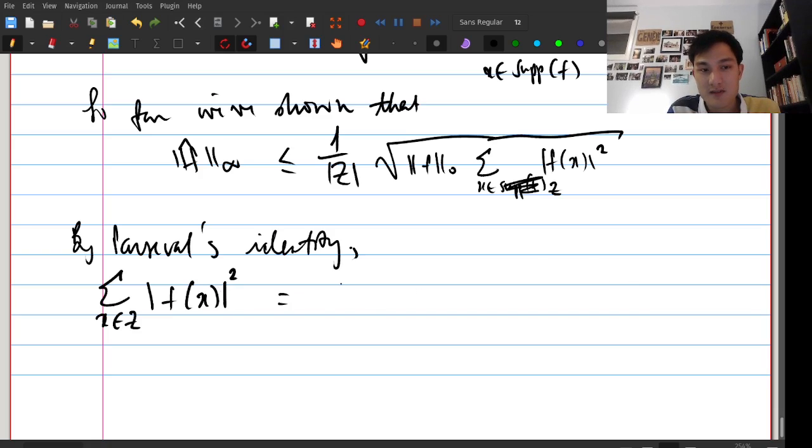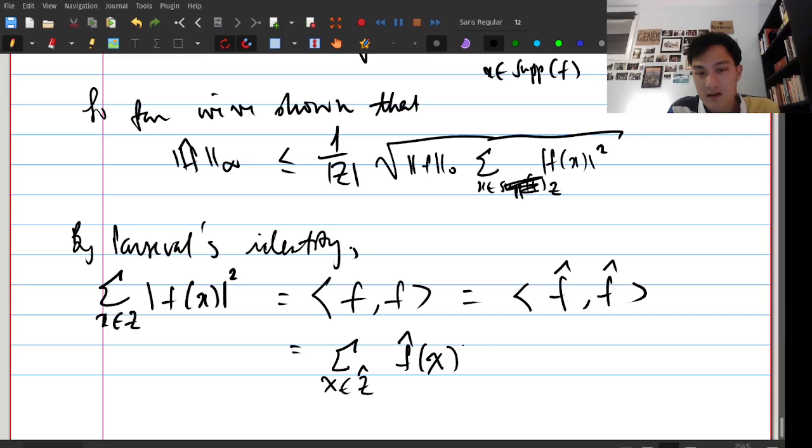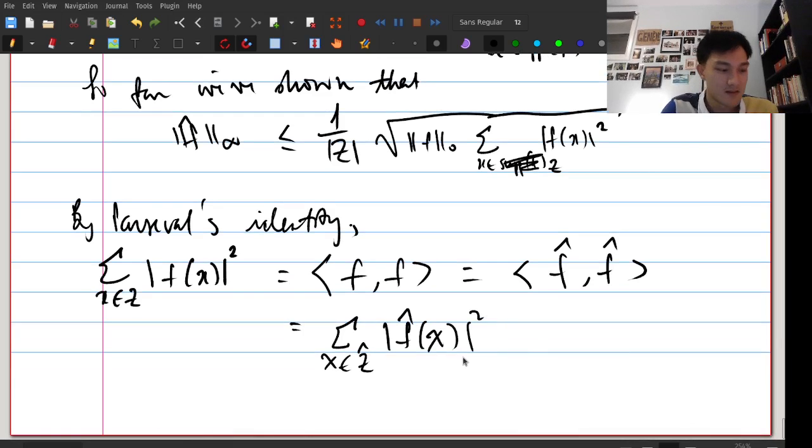So this is the inner product between f and f. But that's the same as the inner product between f hat and f hat. If we expand that out, it's the sum over chi in Z hat of f hat of chi times f hat of chi bar, which is the same thing as the norm squared.